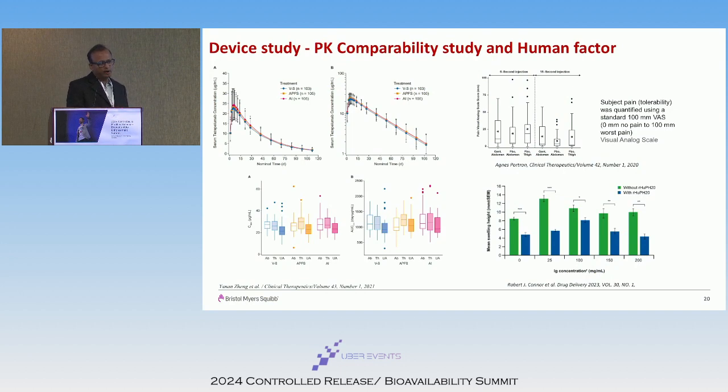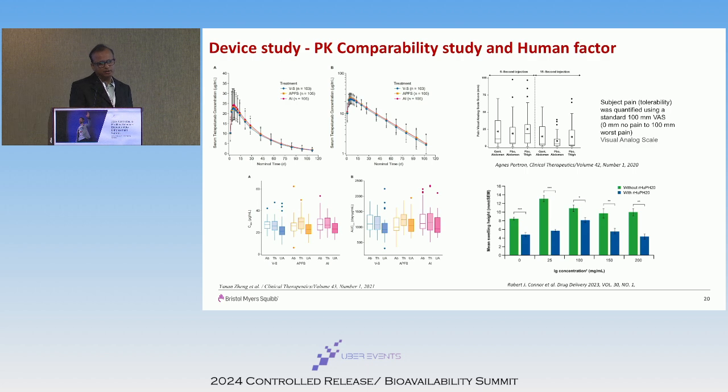This is one of the studies we generally do, because when you introduce a device, we do PK compatibility studies and also human factor studies. On the left-hand side, we showed the impact of different kinds of devices, like a pre-filled syringe or the auto-injector, on the PK.